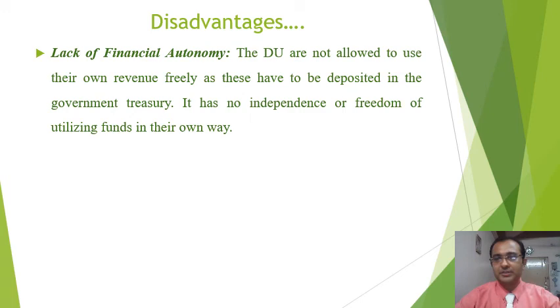They are not at all allowed to use their own revenue freely, or to meet new expenditures, or to capture new opportunities. They have to deposit each and every single rupee in the government treasury.